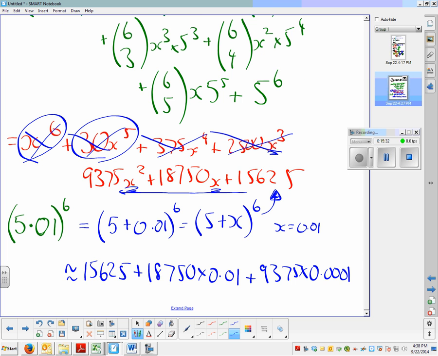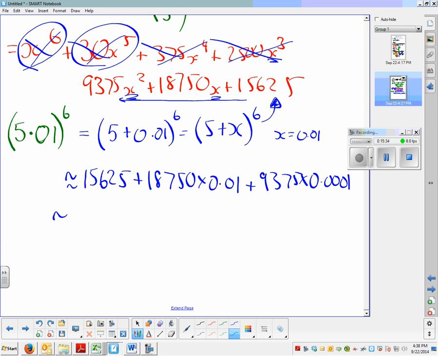And you can already see that number itself is going to be really small. So it's approximately equal to 15,625 plus 187.5 plus 0.9375.